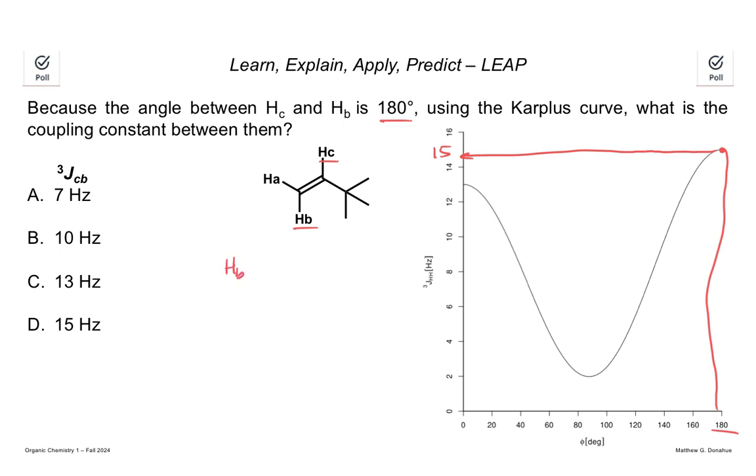So HB again is a unique neighbor of 1. 1 plus 1 is 2, so that becomes a doublet, where now that distance is 15 hertz. Because 13 and 15 are not equal, HC will be called a doublet of doublets with coupling constants of 15 and 13 hertz.